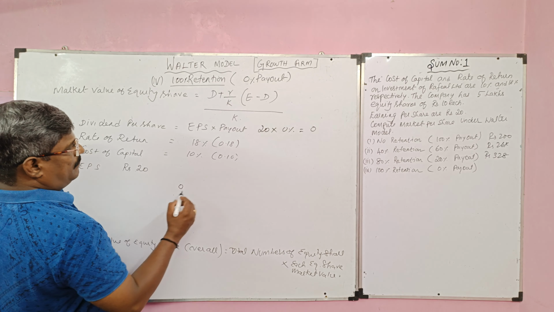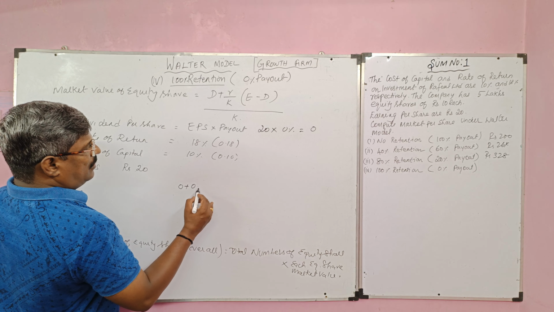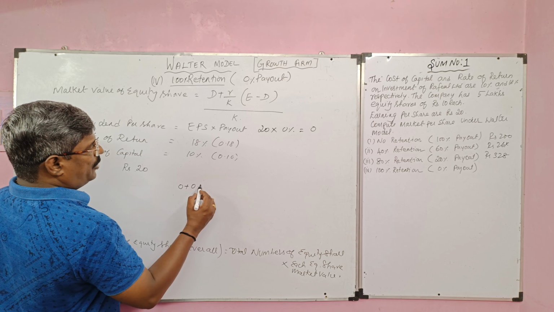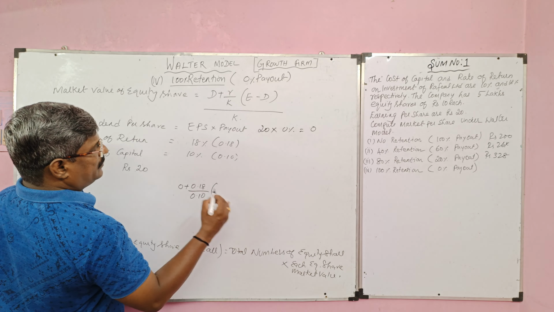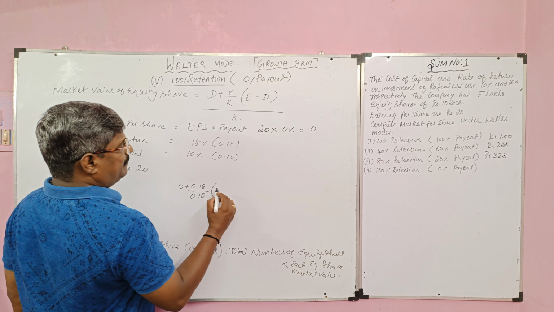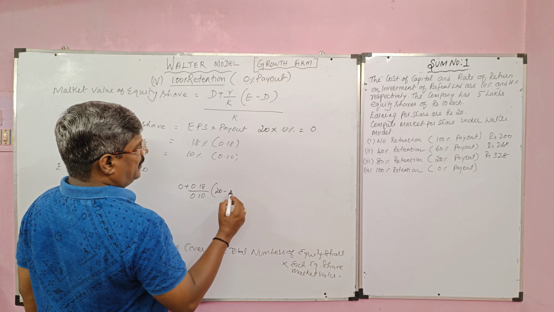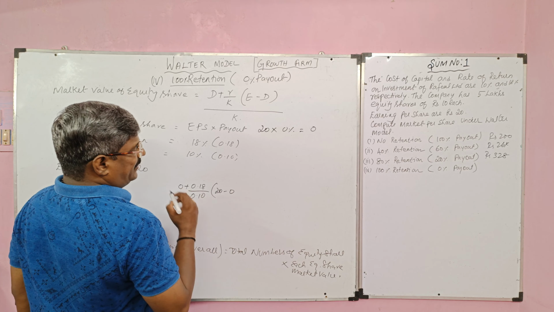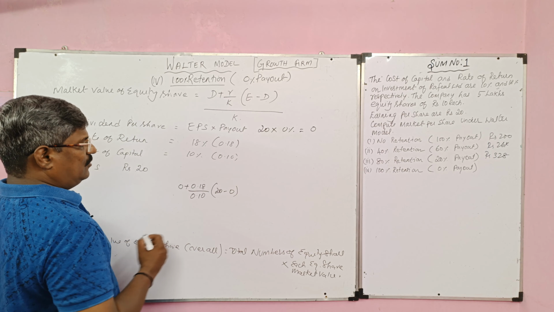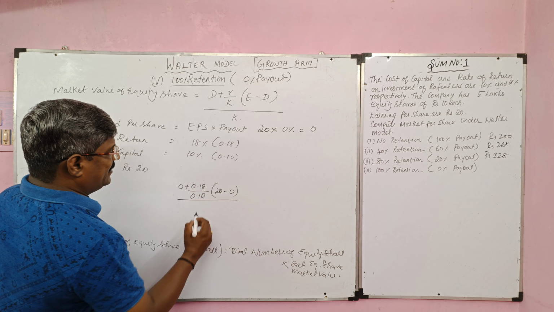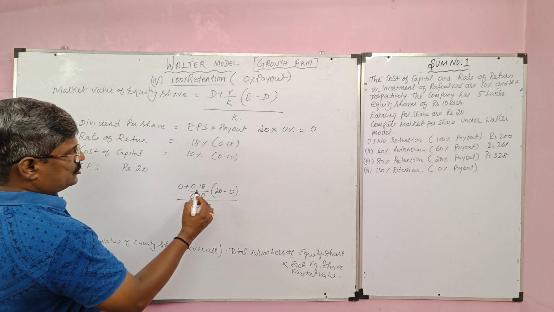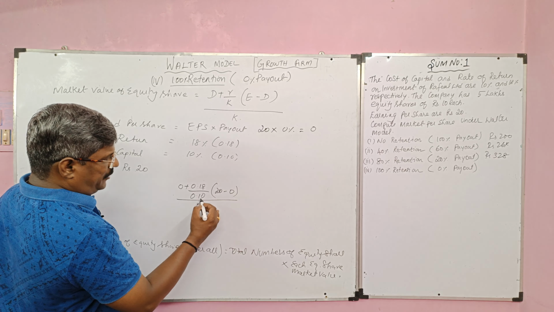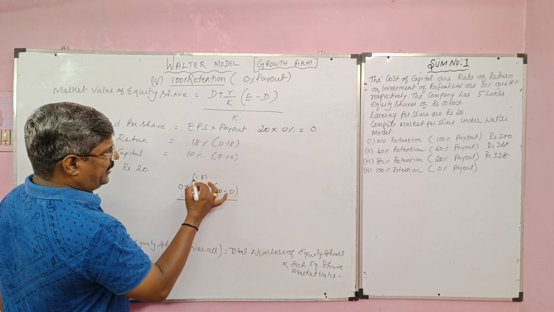Dividend is 0 plus R which is 0.18 divided by 0.10. Here earning per share E 20, dividend 0, divided by K is 10%, that is 0.10. So 0.18 divided by 0.1 will get 1.8.